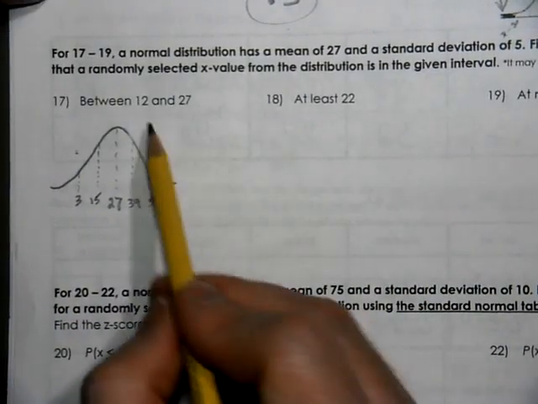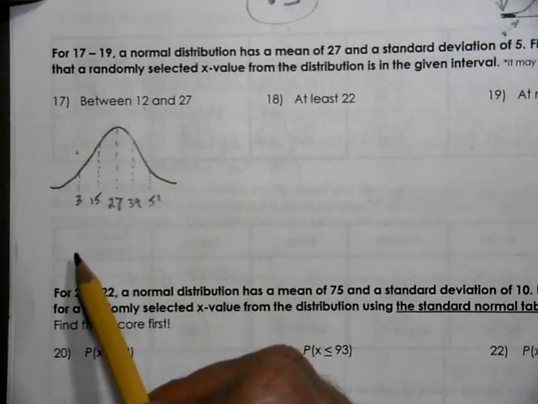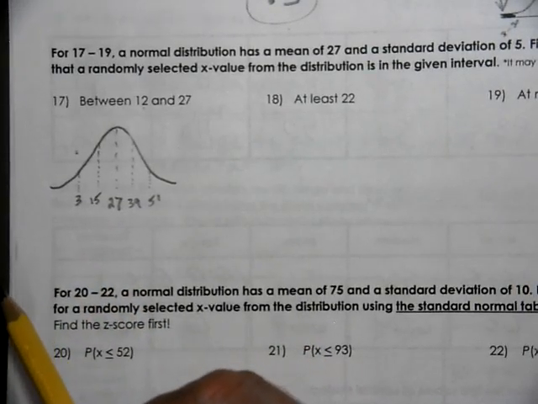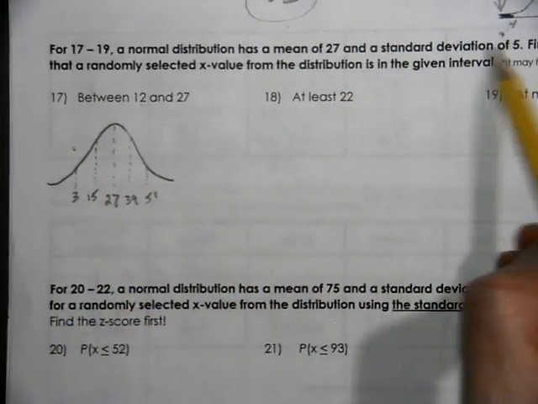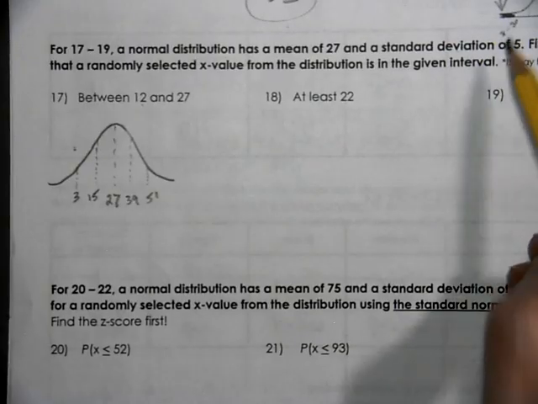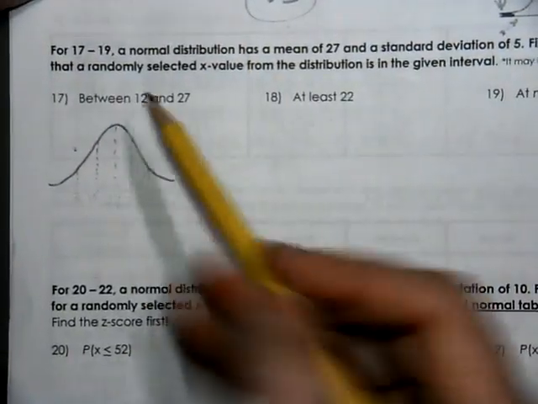Okay, we want to see about going from 12 up to 27. Oh, where did I mess that up? Oh, my bad. I messed that up. The standard deviation is 5. I got 12 from this.